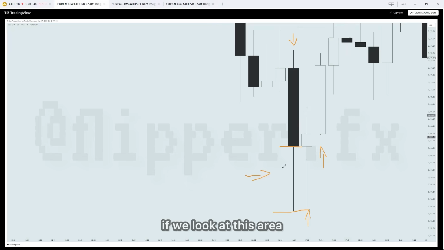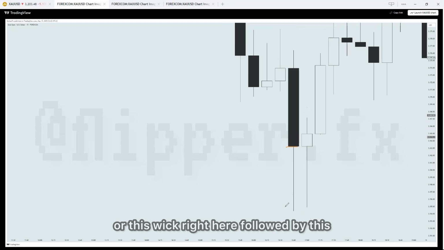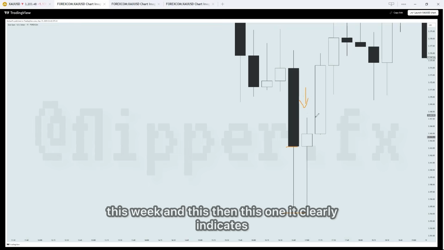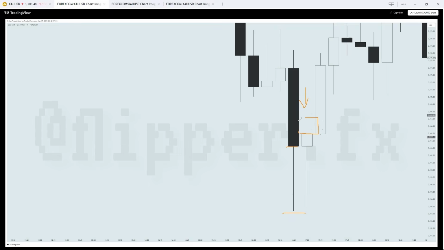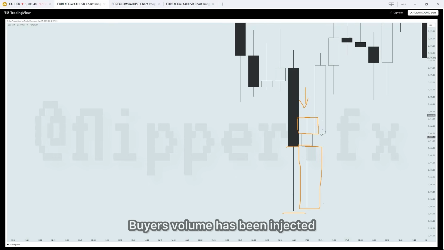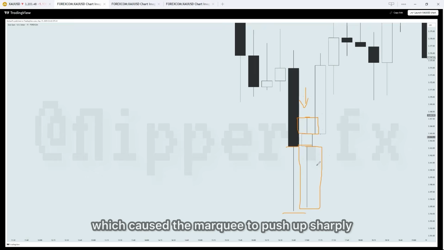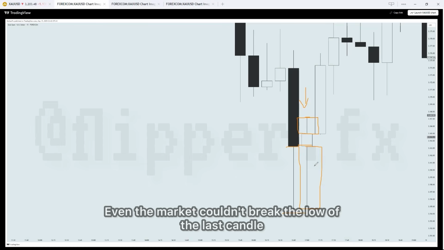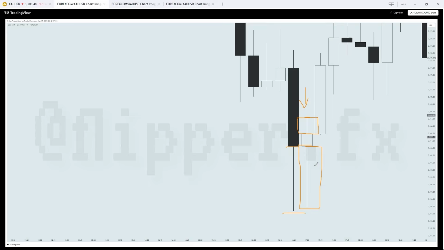If we look at this wick right here, followed by this strong bullish rejection candle, this wick and this one, it clearly indicates that buyers have entered from this zone. Buyer volume has been injected, which caused the market to push up sharply. Even the market couldn't break the low of the last candle.